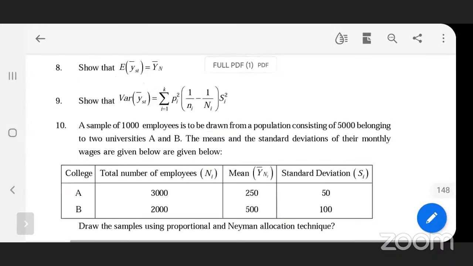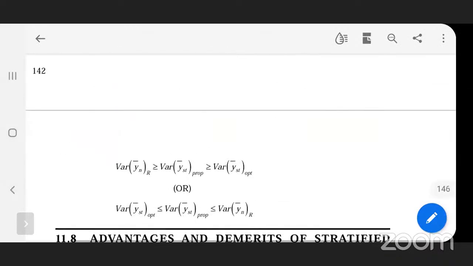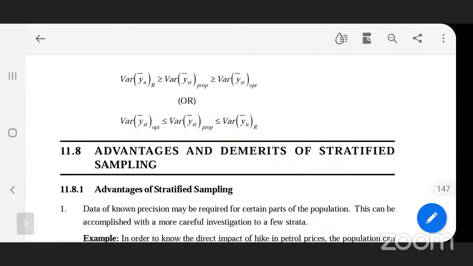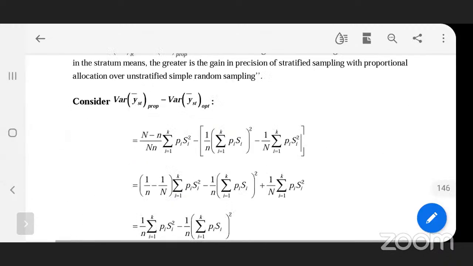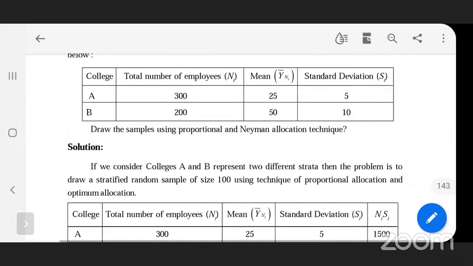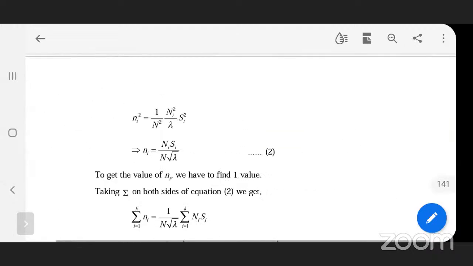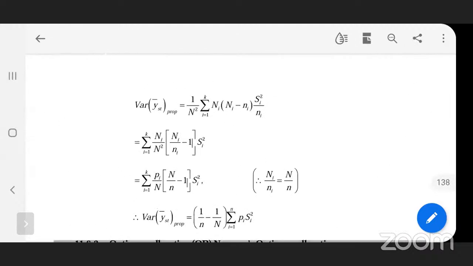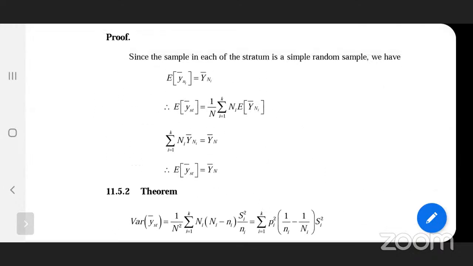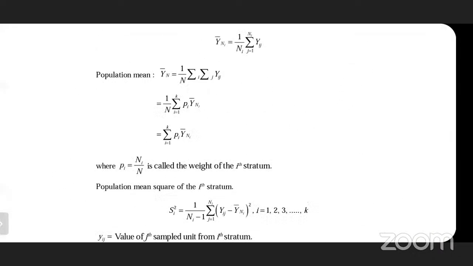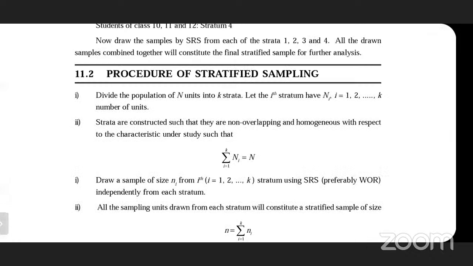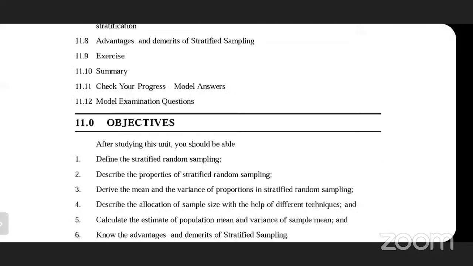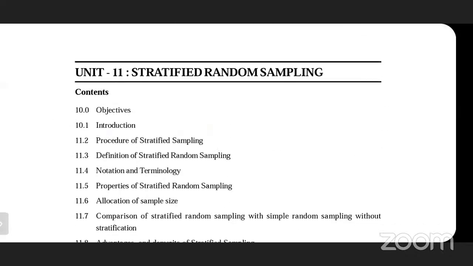Here in this class I explained the total concept of this topic: advantages and demerits of stratification and stratified random sampling.